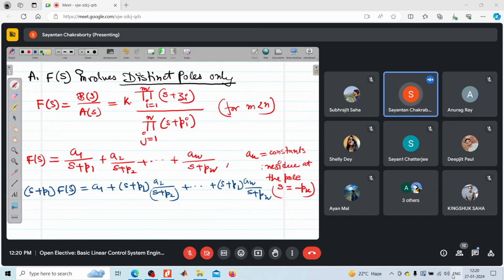Now on this you apply s equal to minus p1. Each and every other term will be 0, so this will come out to be a1.